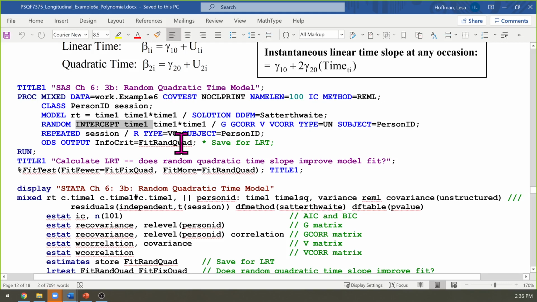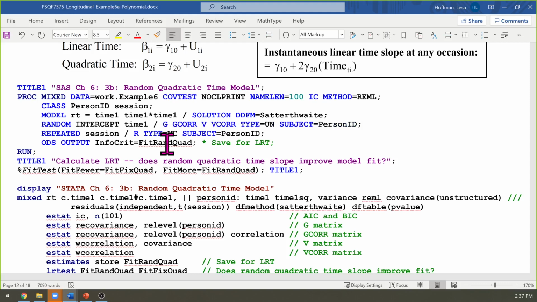And I have an easier way to remember this, a mnemonic that I have created for this. The correct answer for the change in the model degrees of freedom when you add a random effect is equal to the number of random effects you now have. So let me say this differently.